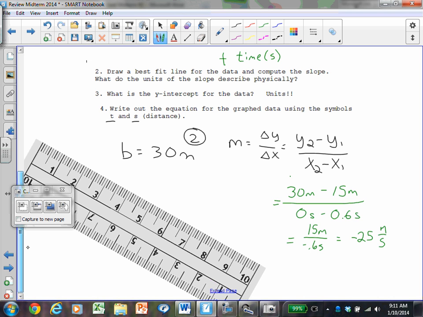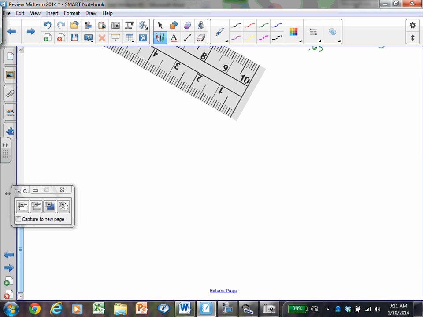So we're going to relate it right to what we're all used to from math class, mx plus b, where s equals, what's our m? Negative 25 meters per second. And x would be t, and then b would be plus 30 meters.